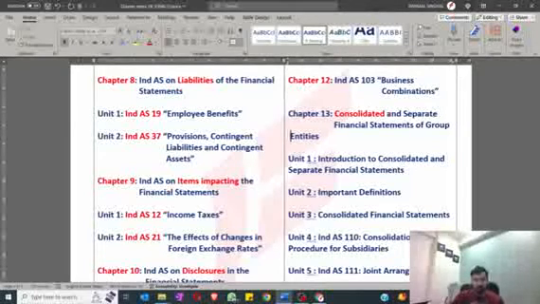Ind-AS 103 also deals with the initial part, or the first step, of consolidated financial statements, and thereafter Ind-AS 110 comes into picture and deals with the consolidation every year. And there is Ind-AS 27, which deals with separate financial statements.